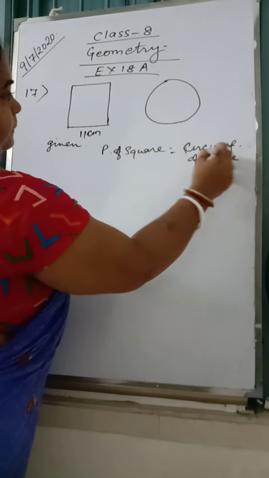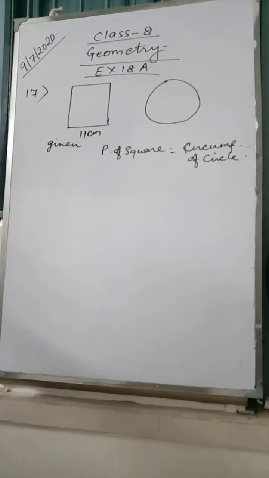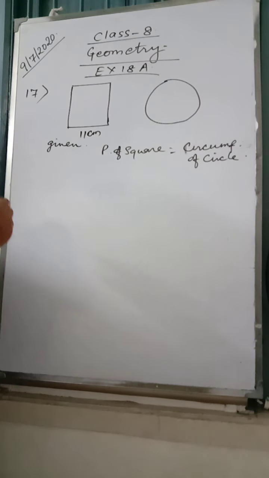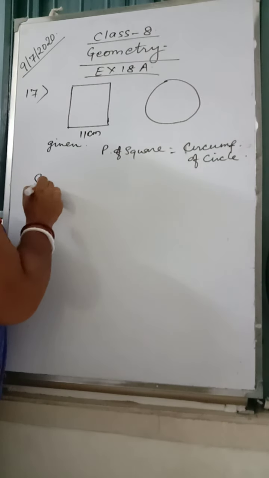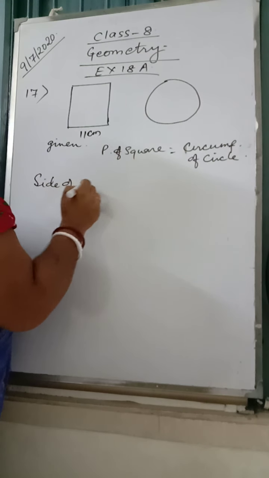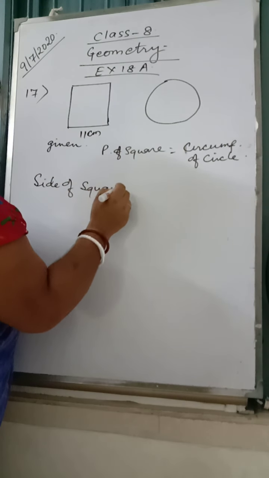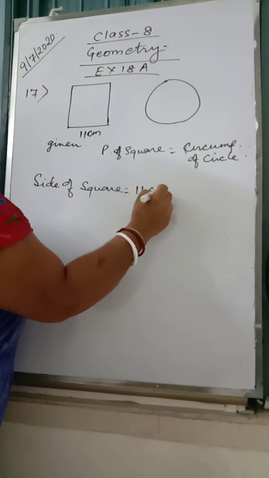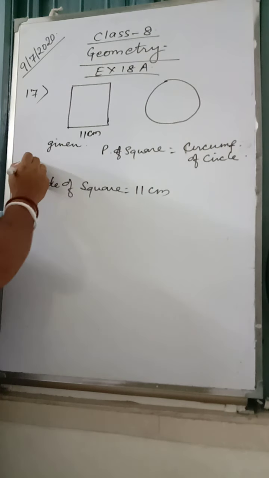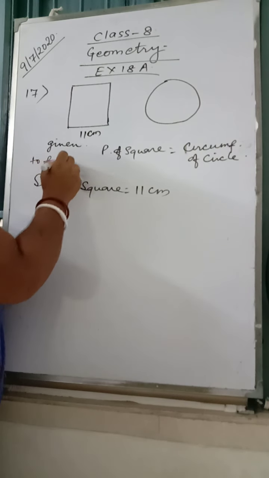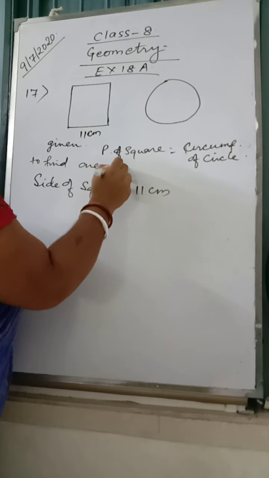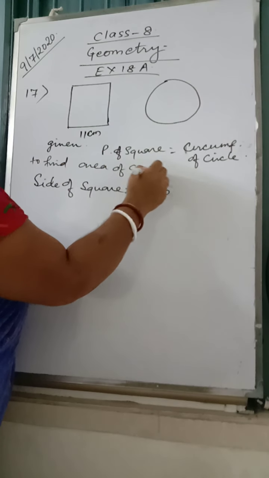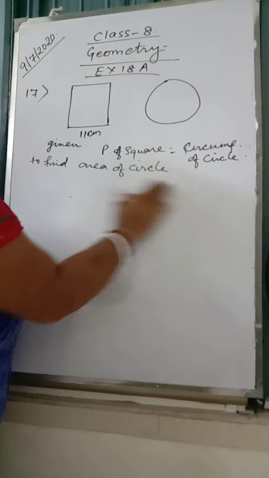It is given. Now you see, the side of a square is given, 11 centimeter. To find the area of the circle, this you have to find. So we have a solution here.